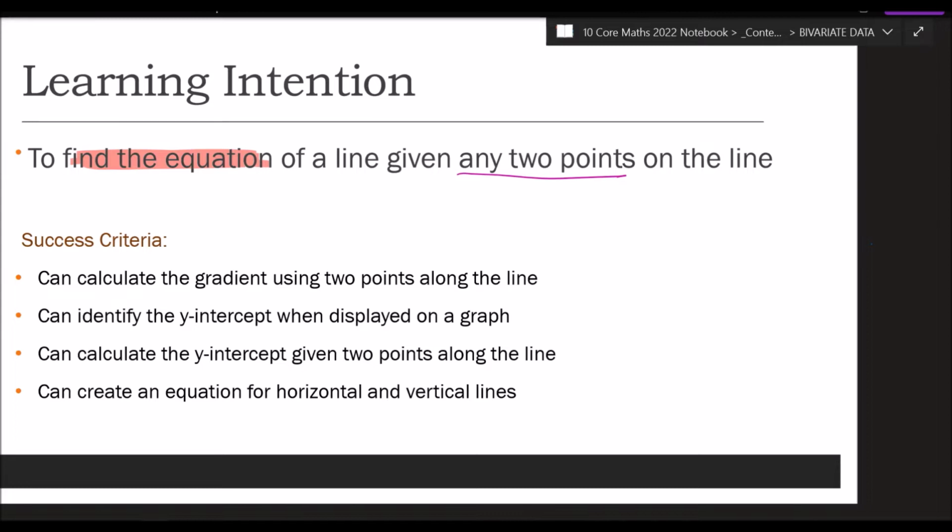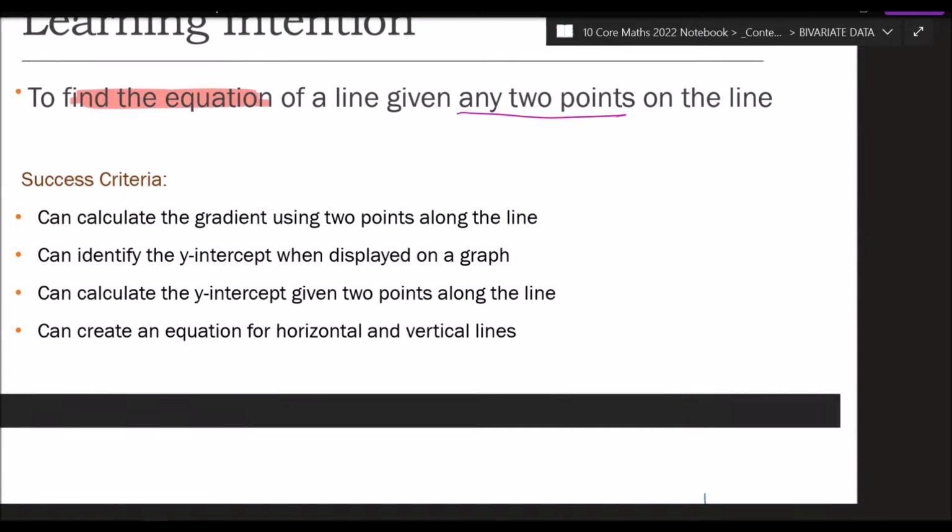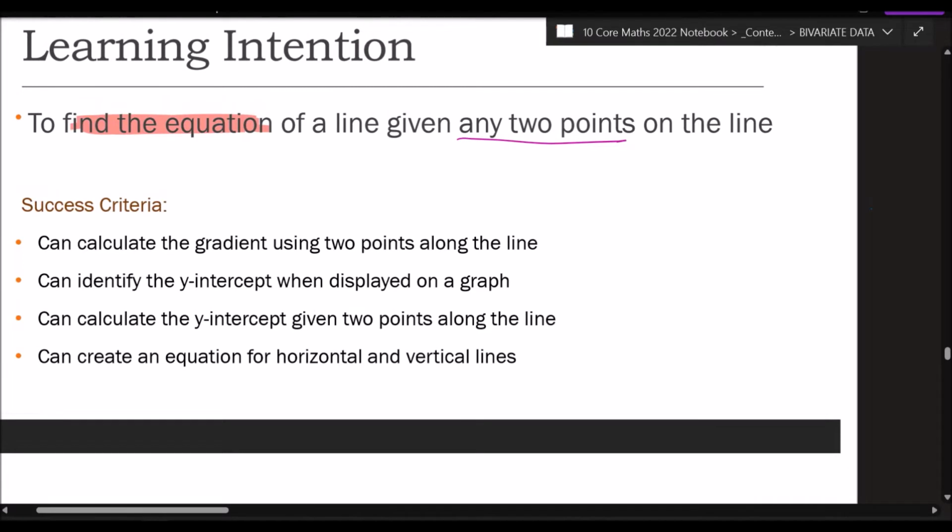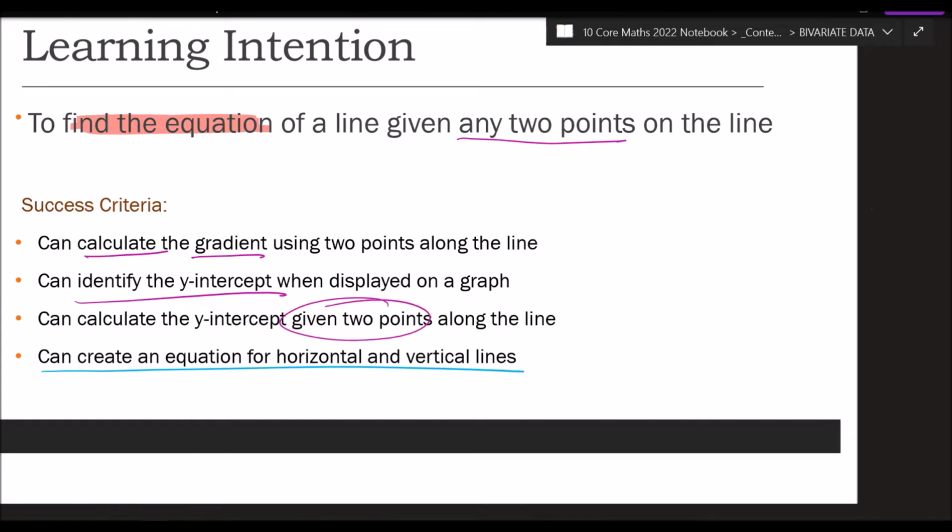To find the equation, you need to calculate the gradient, then find the y-intercept, which is where the line hits the y-axis, using your 2 points. Then we create the equation, which is the main thing.